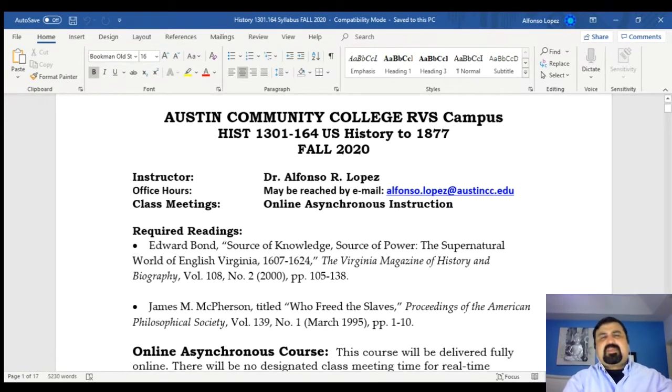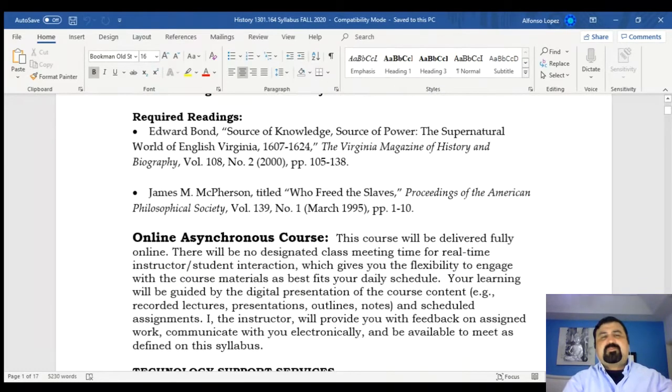In terms of the textbook, I decided just for this particular semester, fall 2020, not to assign a specific text for students to buy and follow throughout the course, reading along with the lectures.